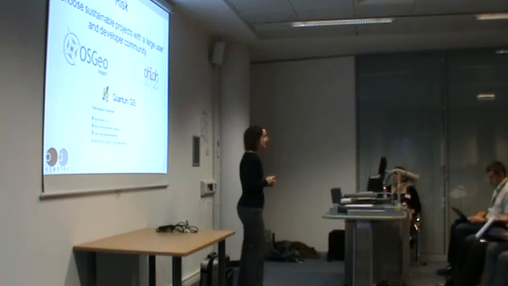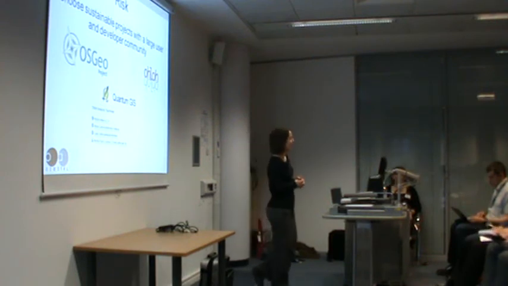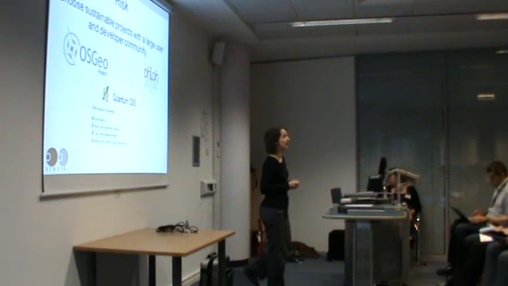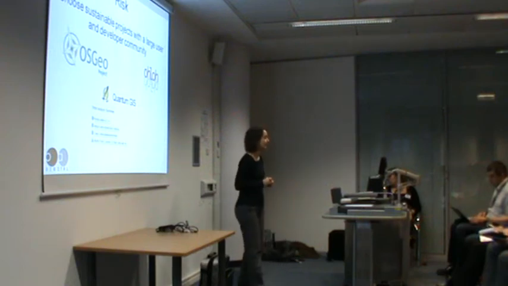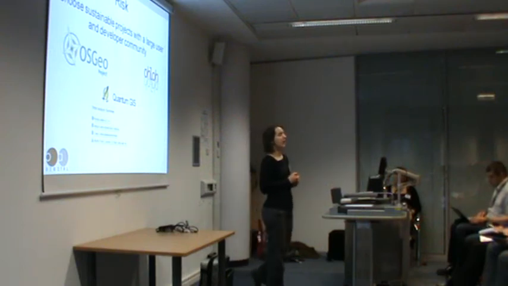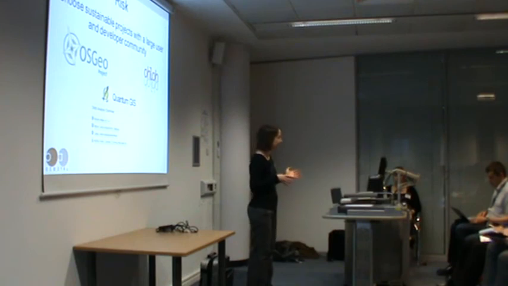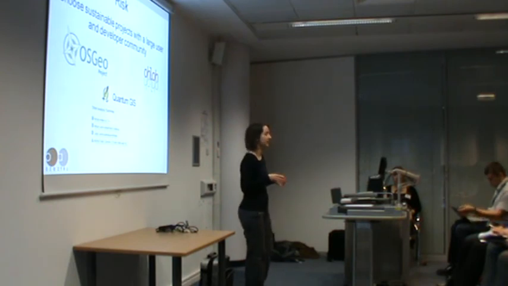So, in specific terms, I would suggest that the way forward for open source GIS is to go for products that are supported by the Open Source Geospatial Foundation. Now, I'm going to go into the general foundation in slightly more detail at the end of this. But basically, the foundation has what's called a project incubation procedure.